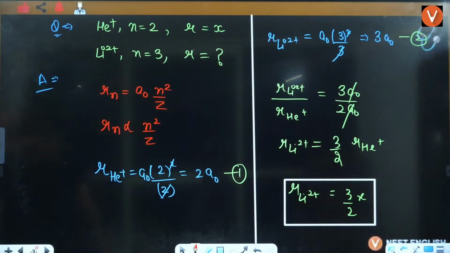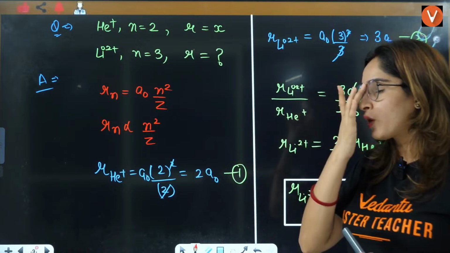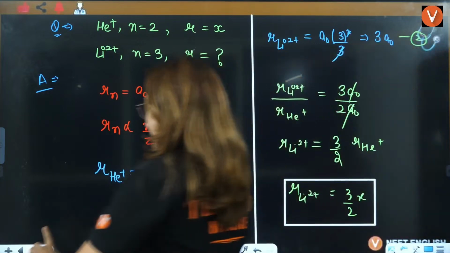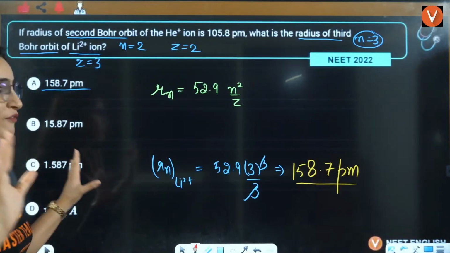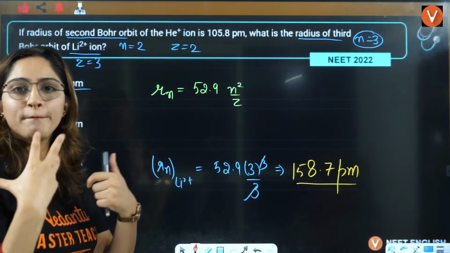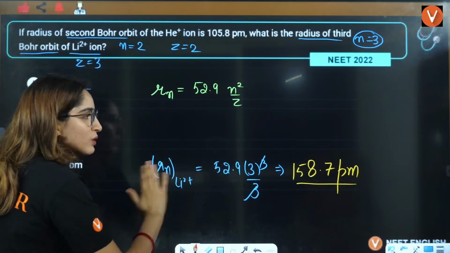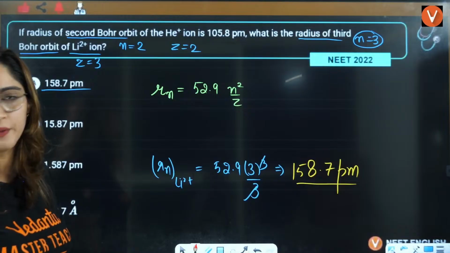Okay, in terms of x we have solved it, right? Got it, everybody? Got it what we are doing here? See, again I am repeating for all the students who have confusion in this. What if they give you a comparison or directly they ask you the radius? Directly apply the formula, you don't need to take any ratio here, right?